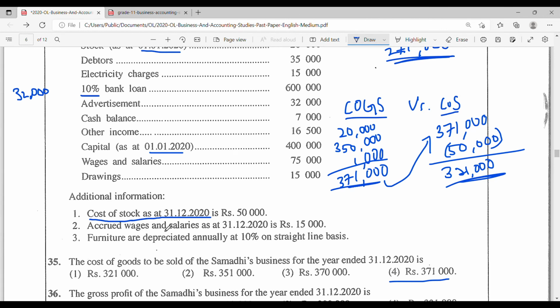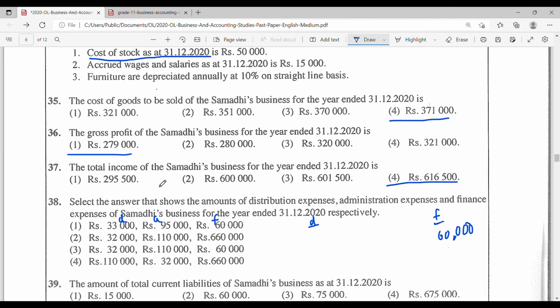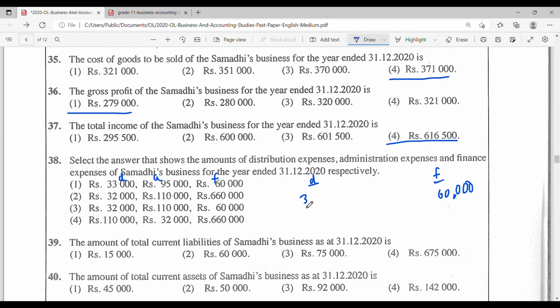Closing stock, accrued wages and salaries. If it says wages and salaries of sales staff, then it comes under distribution. But here they have not mentioned it specifically. So we should take it under administration. So here again distribution expenses will be 32,000. Now by just knowing these two, you know that the correct answer is answer 3.